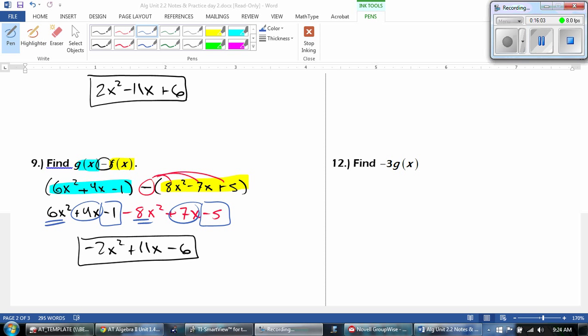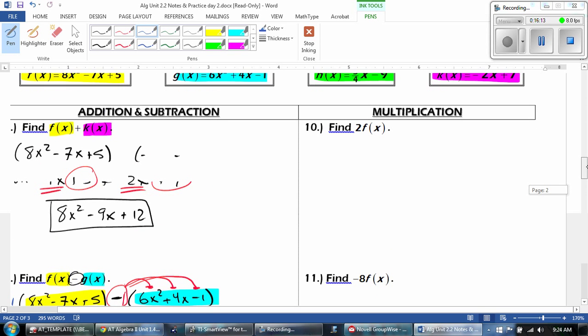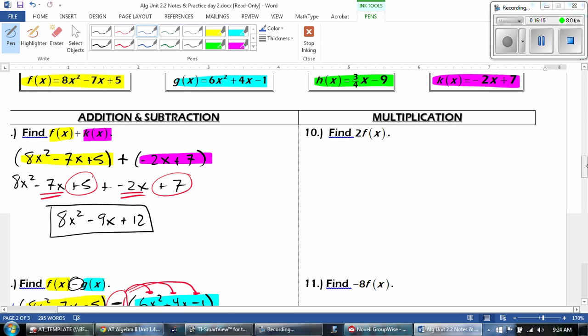Okay, you should have got negative 2x squared plus 11x minus 6. Alrighty. Now, on the right side, we're doing multiplication here. So this is a little bit different. It says find 2f of x.